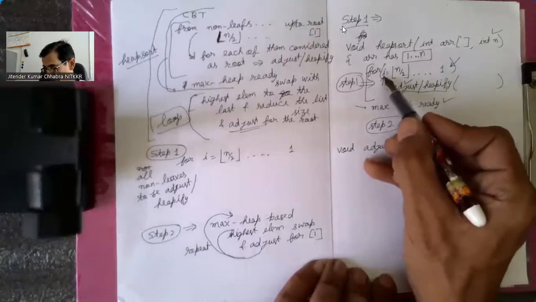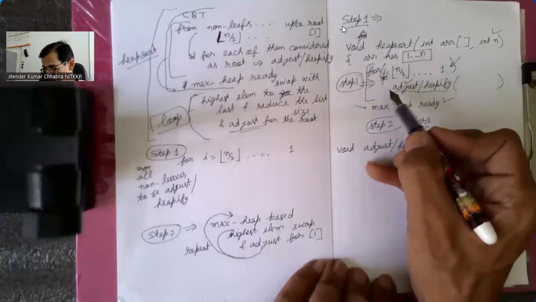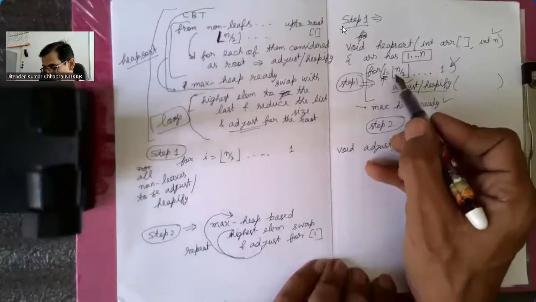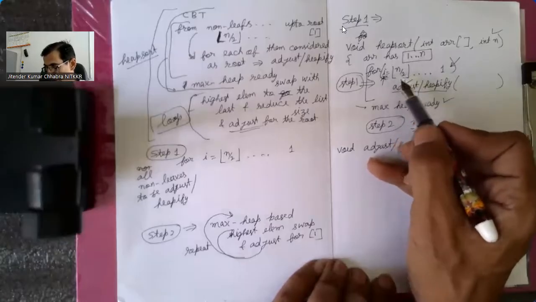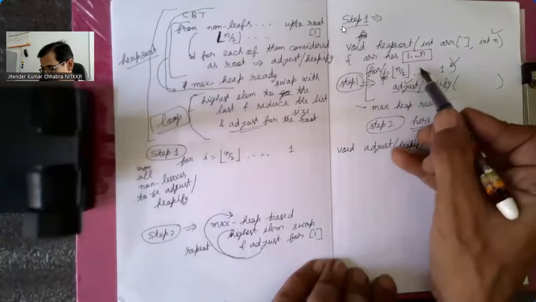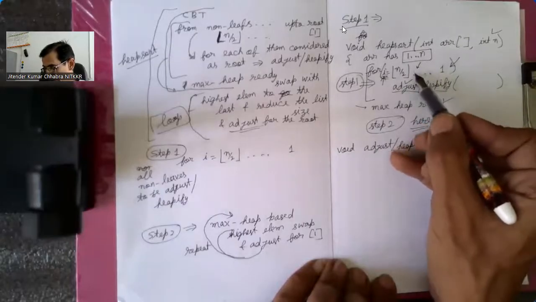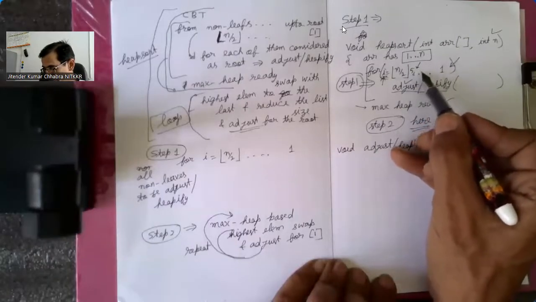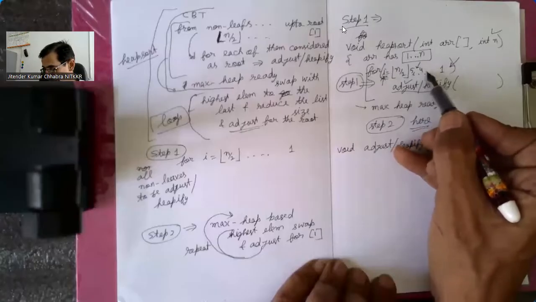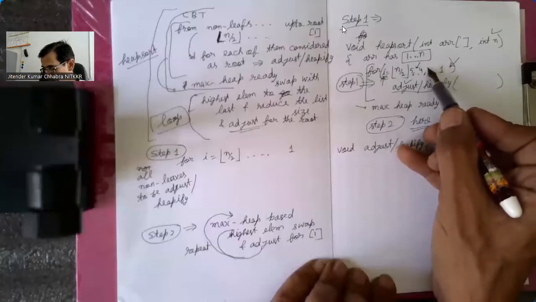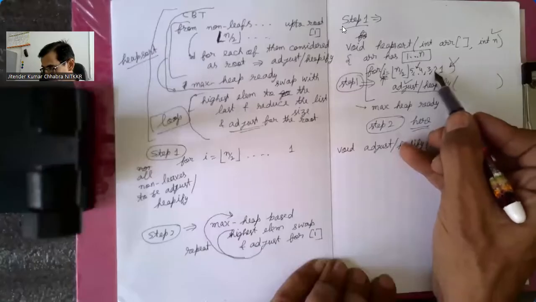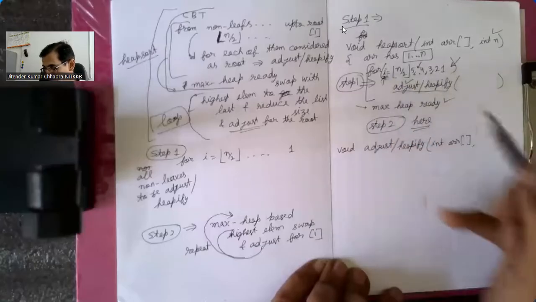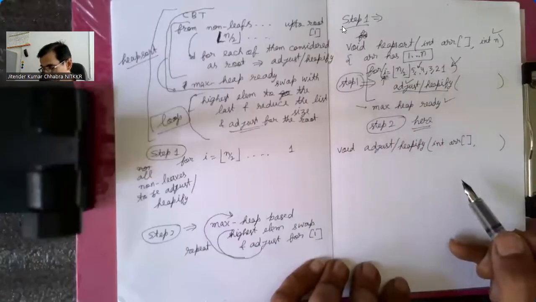First time I want to start with this i as 5, for a list of size 10. So from node 5 downwards I want to adjust. Next time it will become 4. So initially from node 5 downwards, then from node 4 downwards, then 3 downwards, 2 downwards.